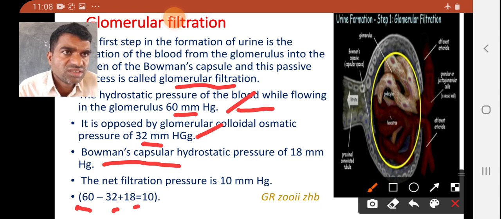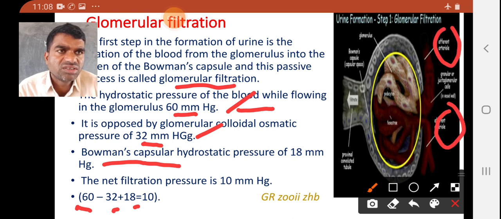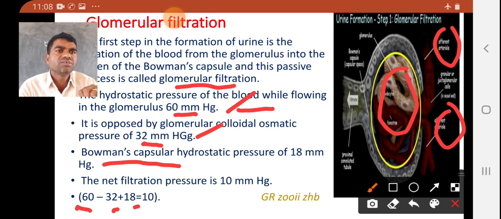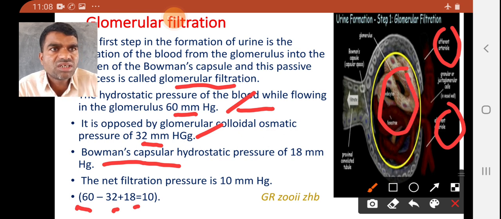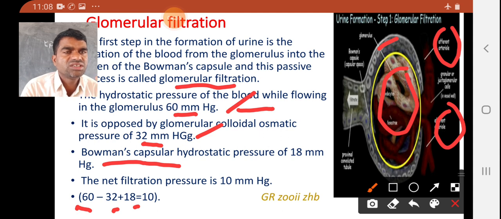this is the afferent renal arteriole, and from the afferent renal arteriole to the efferent renal arteriole, this one is called the glomerulus. In this glomerulus, this cup-like structure is called the Bowman's capsule.